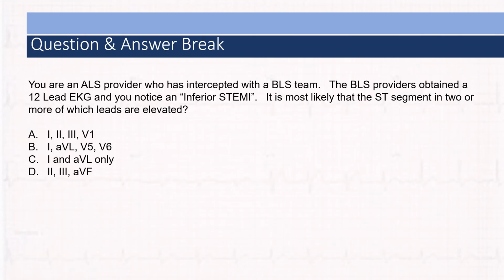You are an ALS provider who has intercepted with a BLS team. The BLS providers obtained a 12-lead EKG, and you noticed an inferior STEMI. It is likely the ST segment in two or more of which leads are elevated. A, 1, 2, 3, V1.